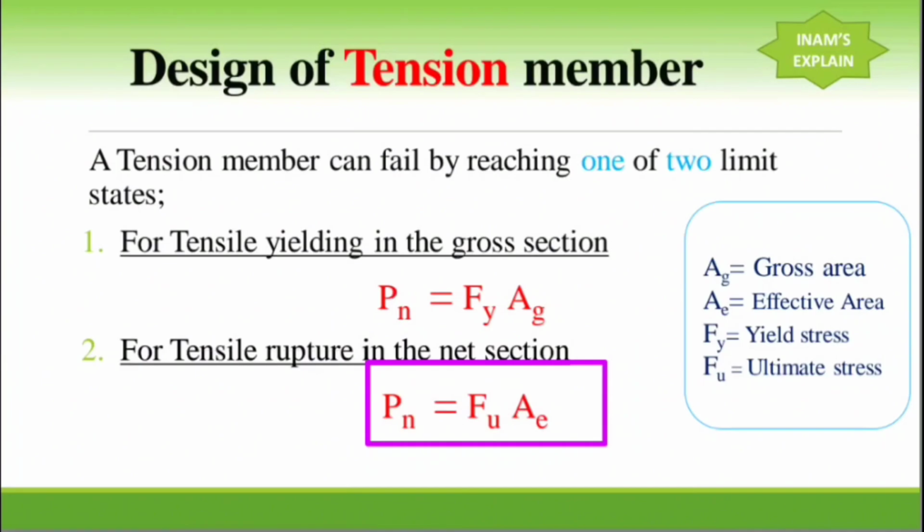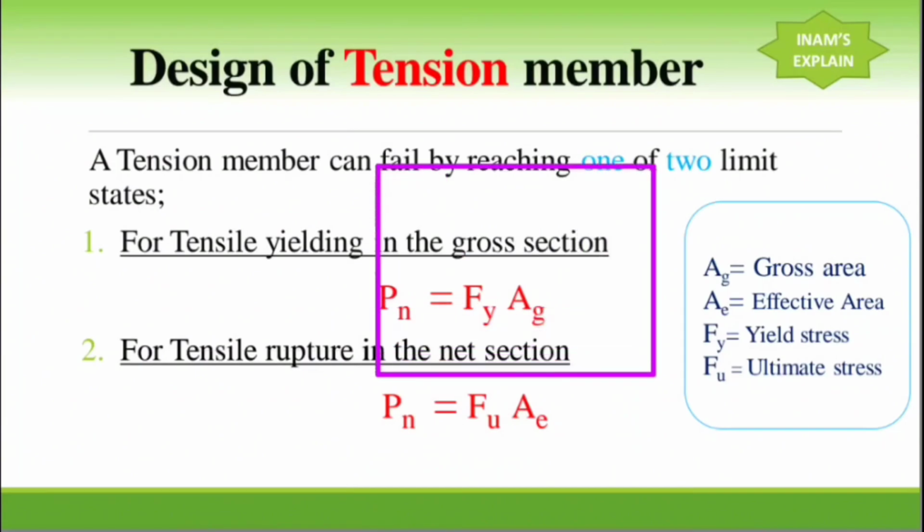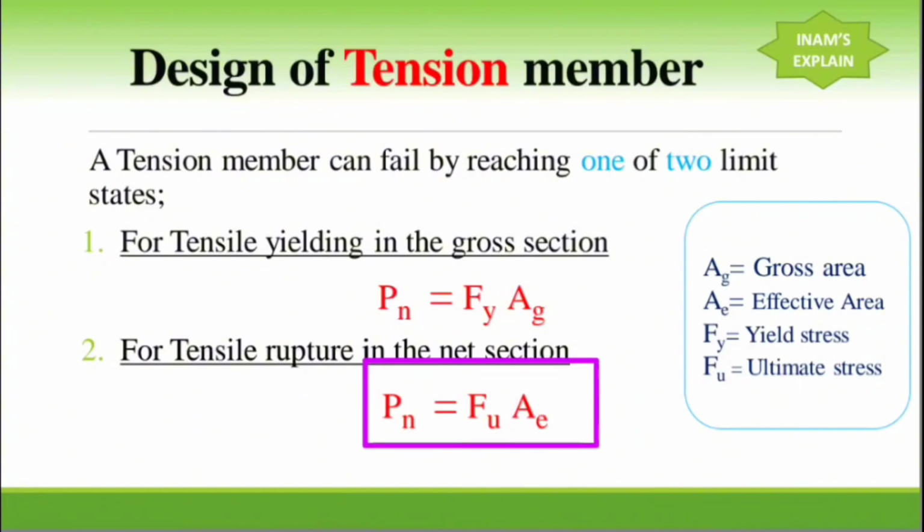Because we are accounting for holes, since fracture occurs at hole locations. If a member has different holes, we subtract the hole area from the gross area, and then multiply by another reduction factor to be on the safe side. So in tensile rupture we use the net effective area. Effective area will be equal to U times the net area.